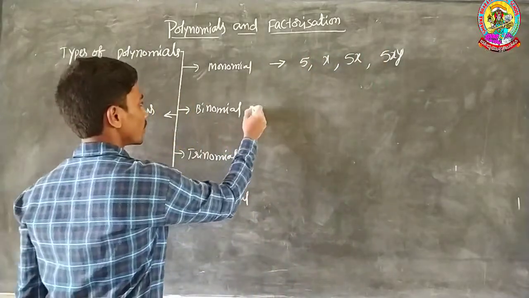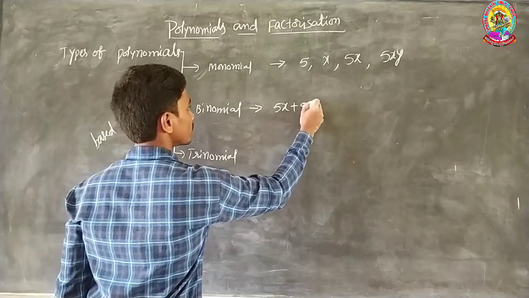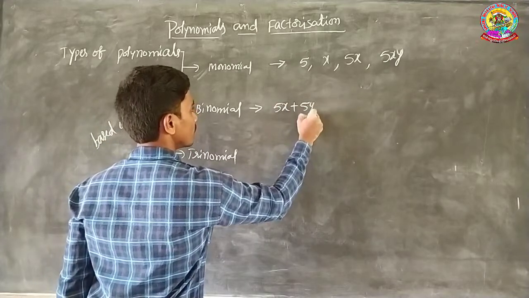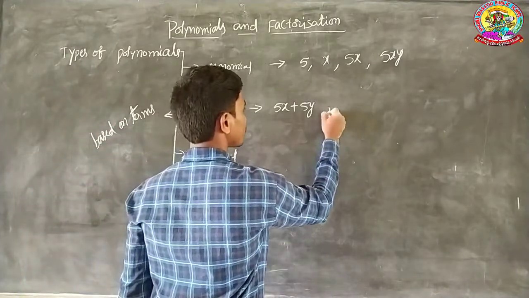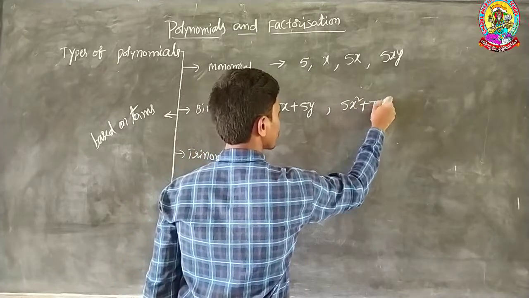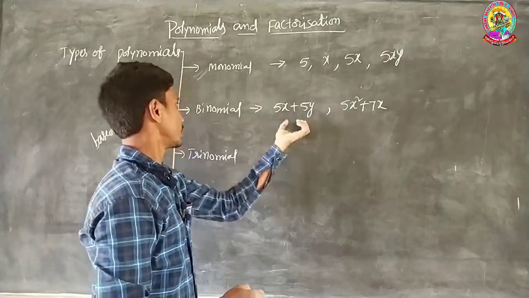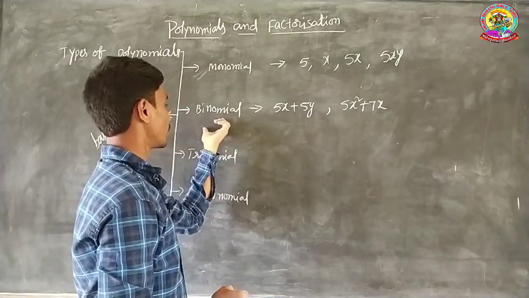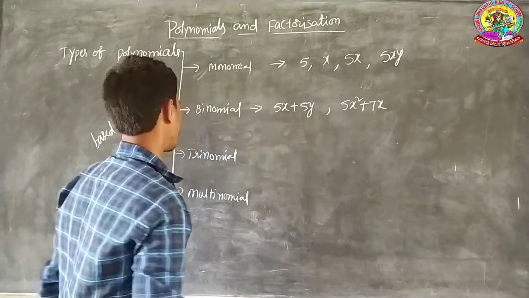Next, binomial. If two terms are combined, we call it a binomial. The number of terms in a monomial is 1, and in a binomial it is 2.